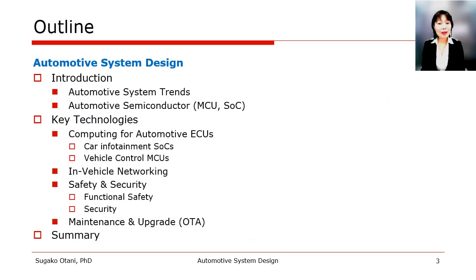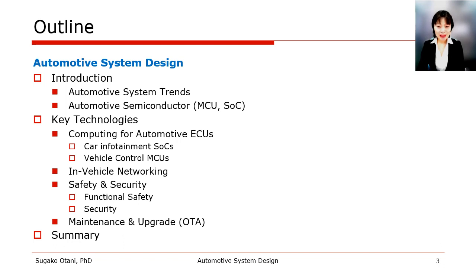Here is the outline of this tutorial. In this tutorial, we'll discuss what the requirements of automotive system design for in-vehicle devices are, and how we can implement them from a processing perspective. First, I will explain automotive system trends and automotive semiconductors as an introduction.